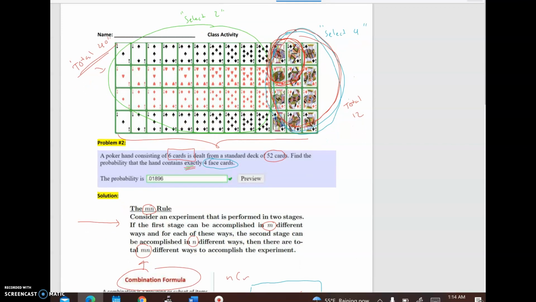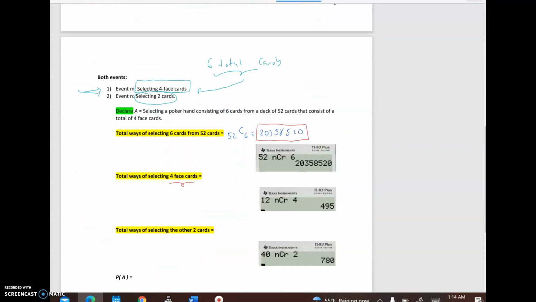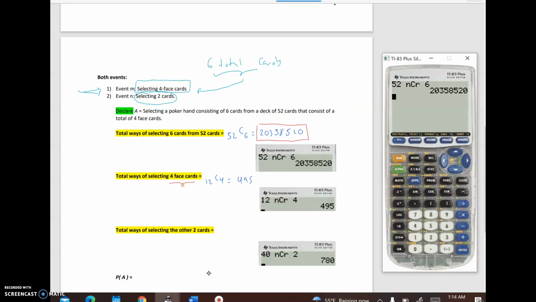So in order to select 4 from 12, which are your face cards, you evaluate 12C4, which I already punched in here, and this is 495. Let me show you again in the calculator. You would do 12, math, move to the PRB, nCr, and then 4.